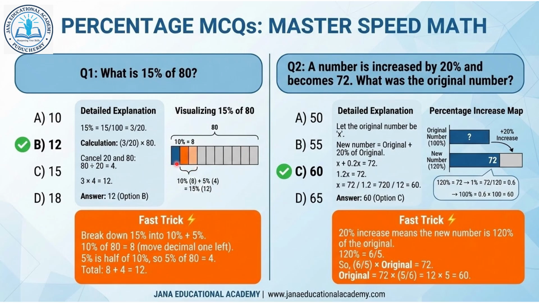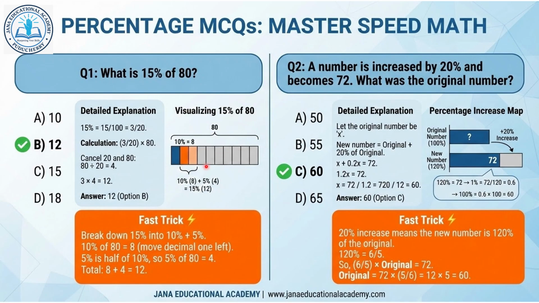Right? 10 percentage is nothing but one tenth of 80. So what is the 10% of 80? 10% of 80 is nothing but 8. So 5% is 4. So 8 plus 4, 12. It is very easy to calculate, right? So visualize that one. It is very easy to find out.